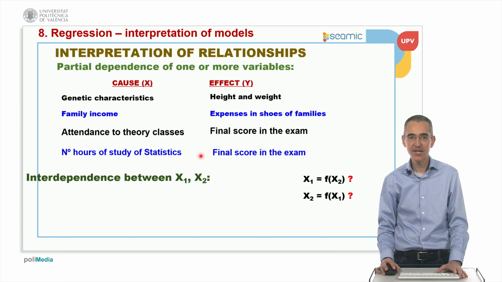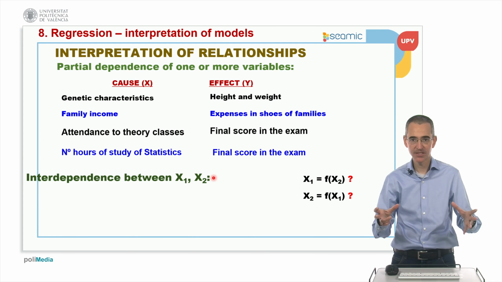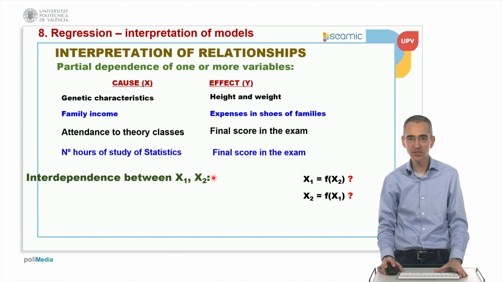And then we can have interdependence between two variables. Okay, it means that it's not clear what is the X and what is the Y. So we can see two variables are correlated, which can be positive or negative, but it is not clear if x1 is a function of x2 or if x2 is a function of x1.